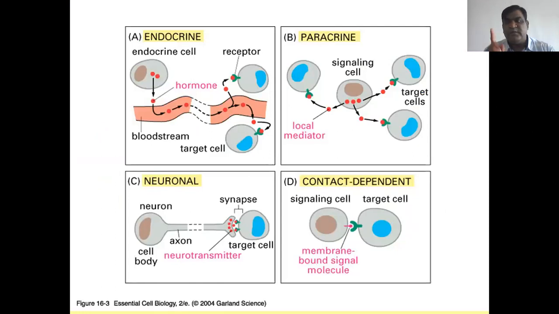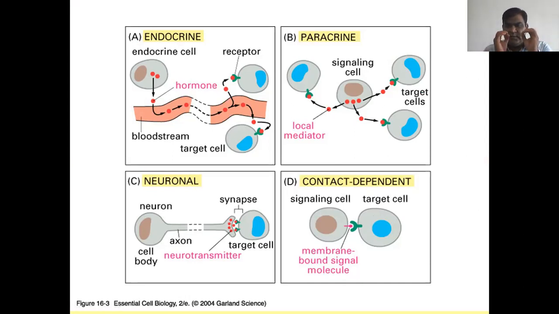The most important fact to remember here is that this is the juxtacrine or contact dependent signaling cascade. Here, this is the ligand, this is the receptor, and just to show them, they are shown separate. Otherwise, they are very close to each other.